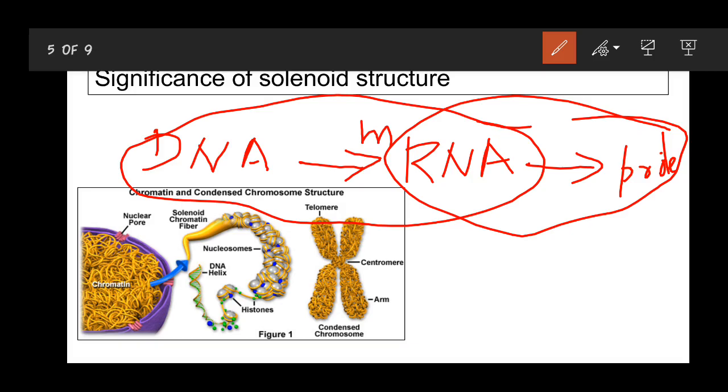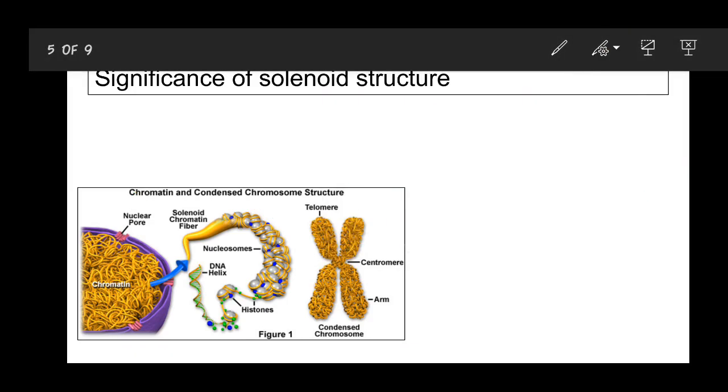Now we are going to see the relation between differential gene expression and your solenoidal structure. It is the solenoidal structure which determines differential gene expression.